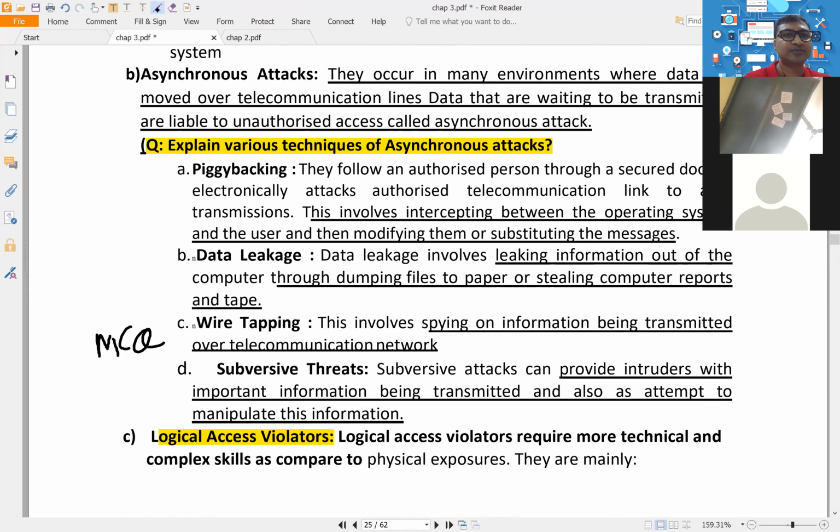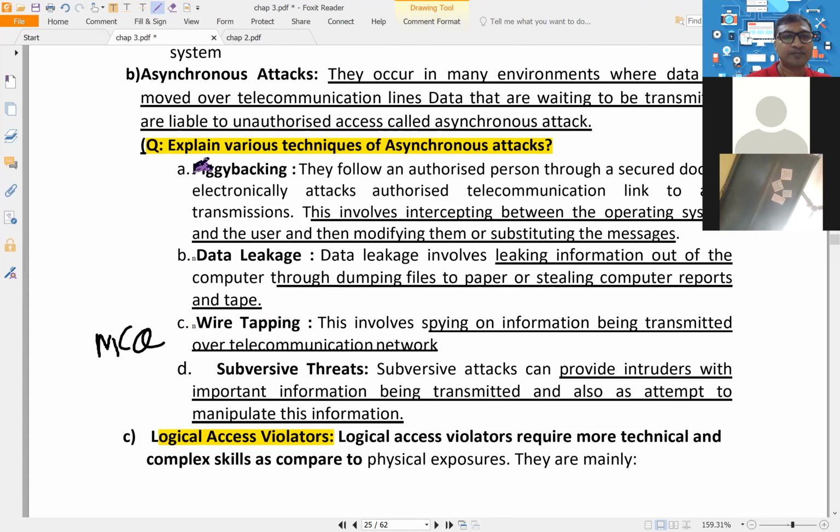Sometimes students ask me, sir, what is the difference between piggybacking and subversive threat? Both are the same concept. The only difference is the methods. The method in piggybacking is different, the method in subversive threat is different. Okay. Wiretapping is nothing but listening to someone else's communication. That is what is called wiretapping.